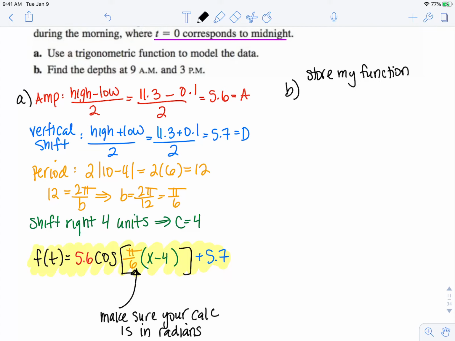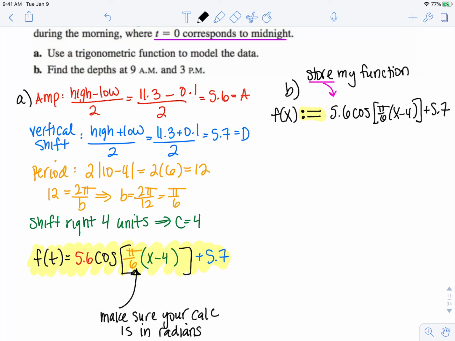And remember, we do that by saying f of x, and then you press this special button right here that makes us store the function. And I'm going to store in 5.6 cosine of pi over 6 times x minus 4 plus 5.7.